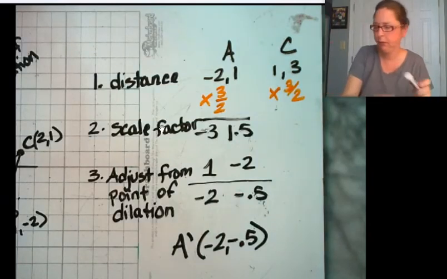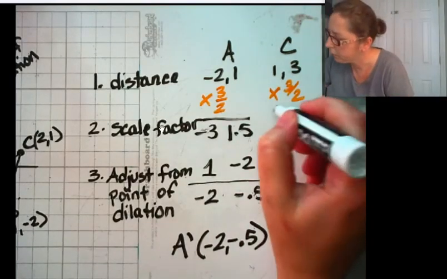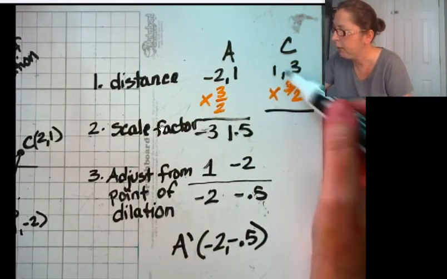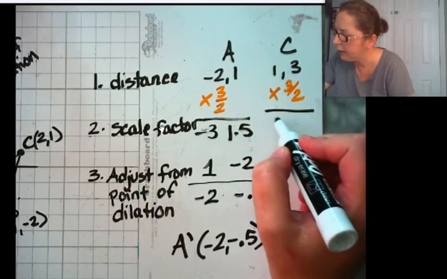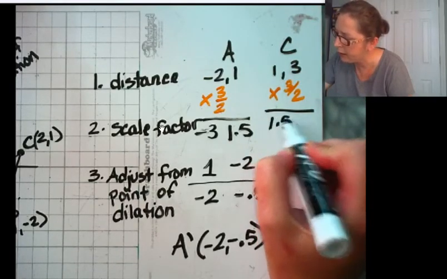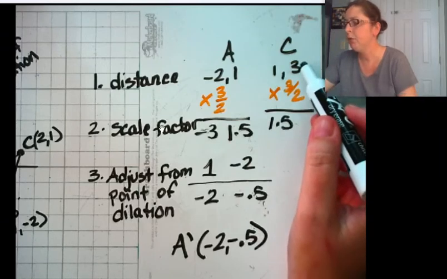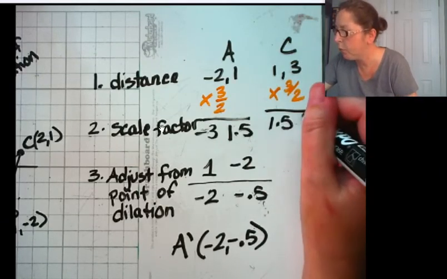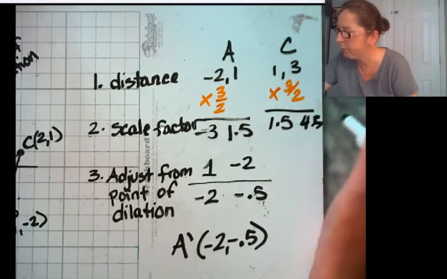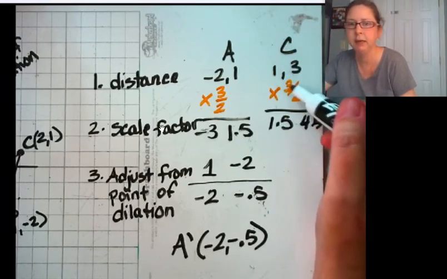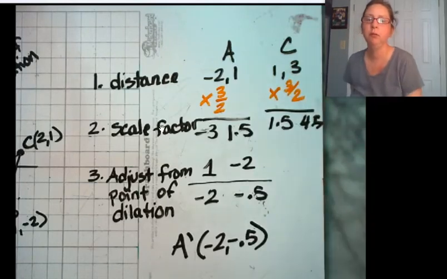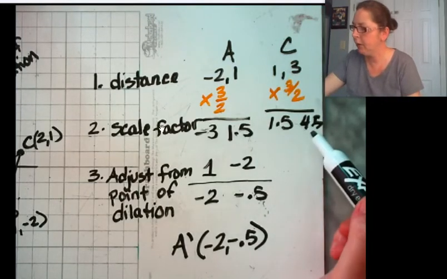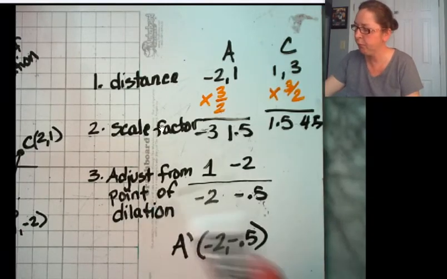I have 1 times 3 halves, which again is going to give me 1.5. And then I have 3 times 3 halves, which is 4.5. 3 times 3 is 9, divided by 2 is 4.5.